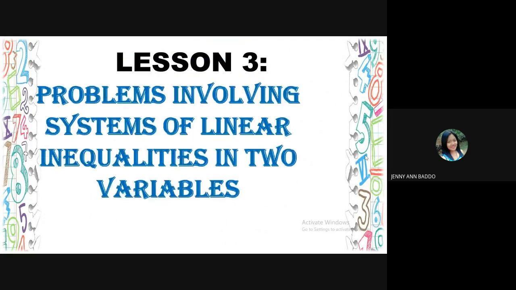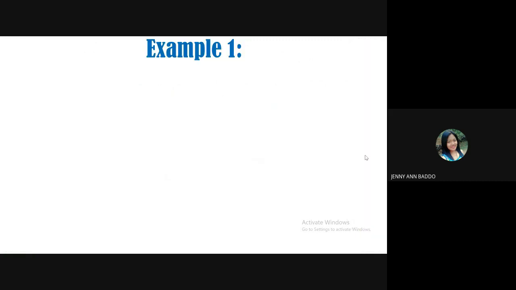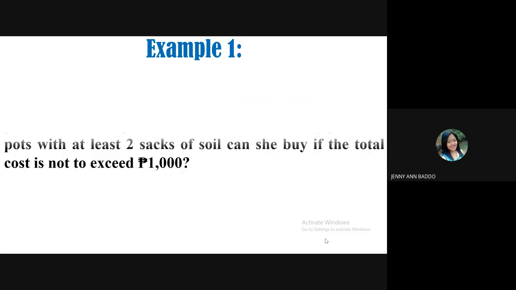Let's now proceed to our third lesson, problems involving system of linear inequalities in two variables by graphing and by using the solution of the system of two variables. First example.